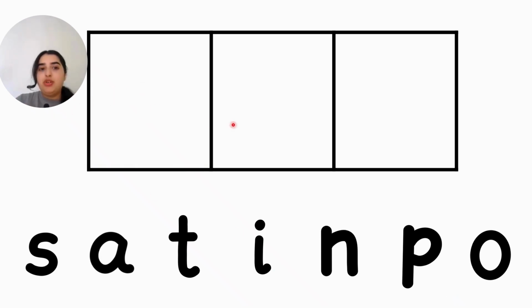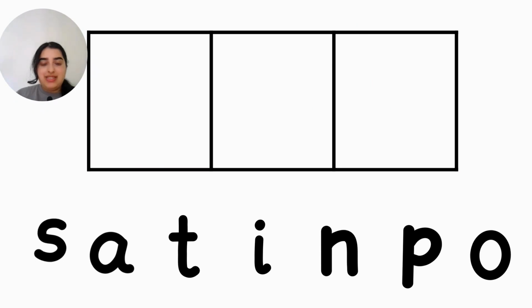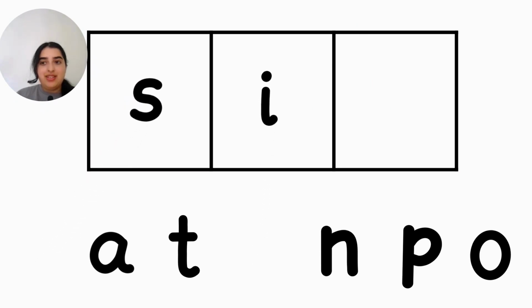There's 3 boxes, so that means there are 3 sounds. Sit. S, i, t. Sit.